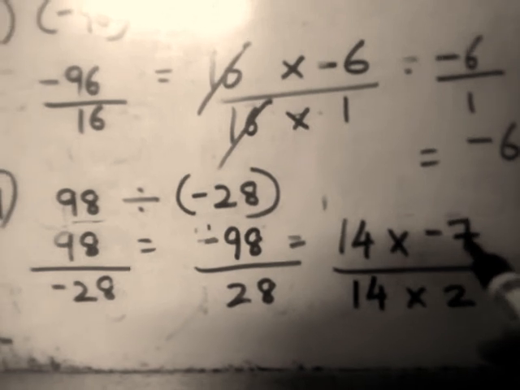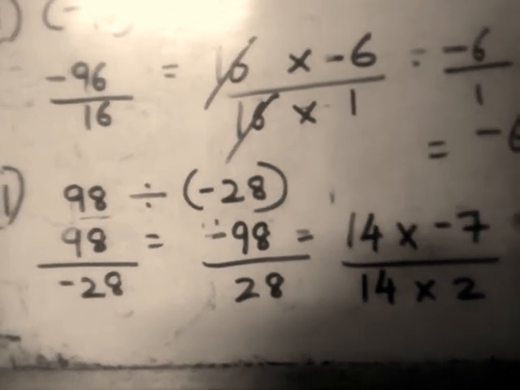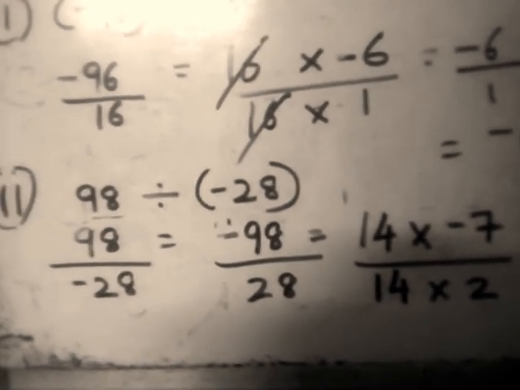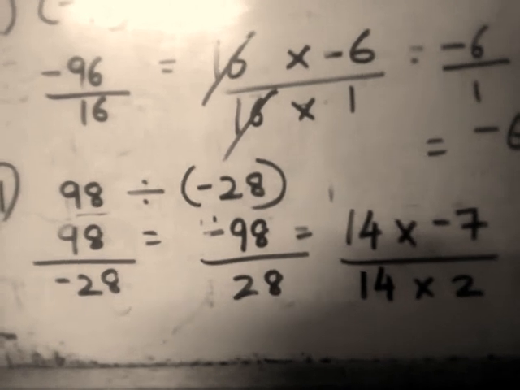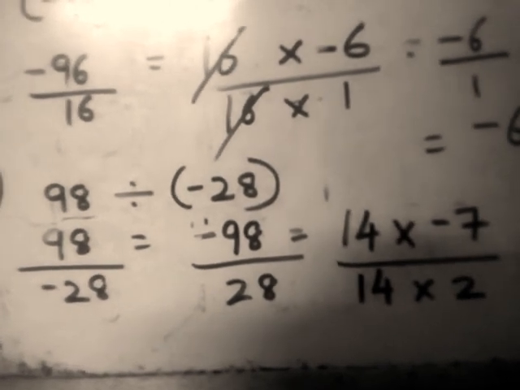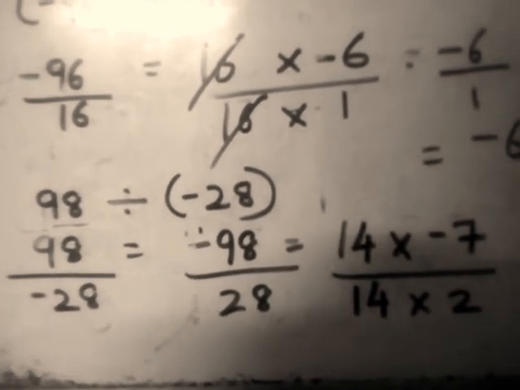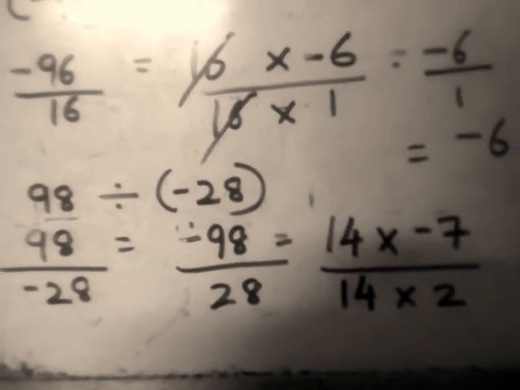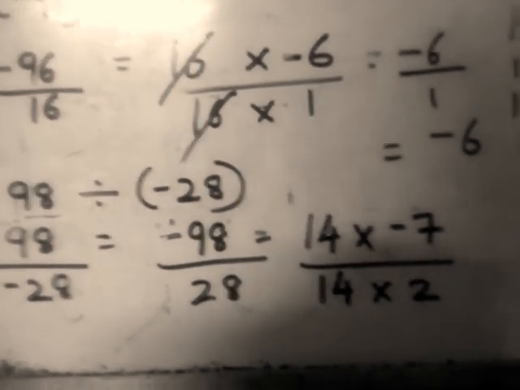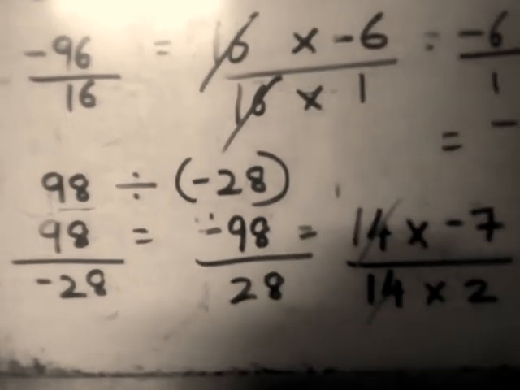When you are dividing, both numerator and denominator should be written in multiplication form with the same number, not any other number, because you have to follow the cancellation method. 14 gets cancelled.